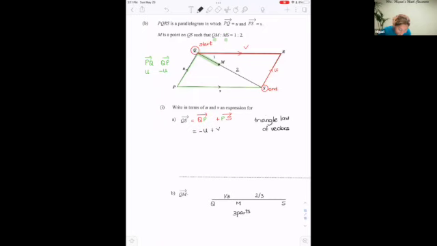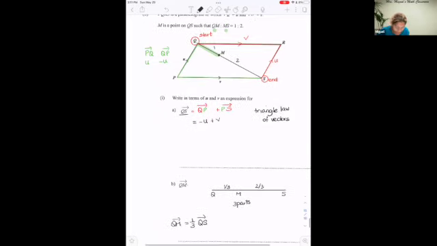So we already have QS. So QM is 1/3 of QS. And we worked out QS already.